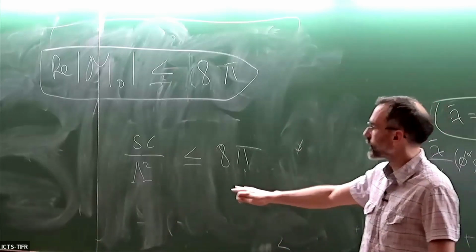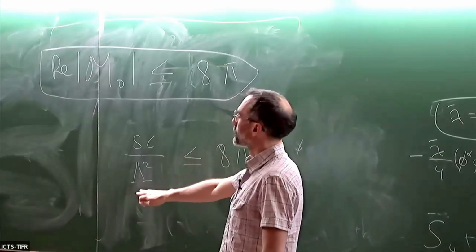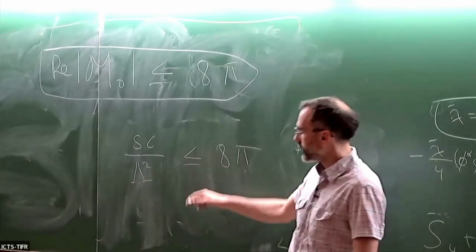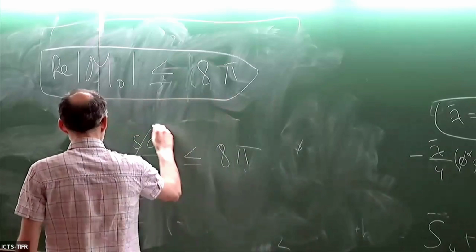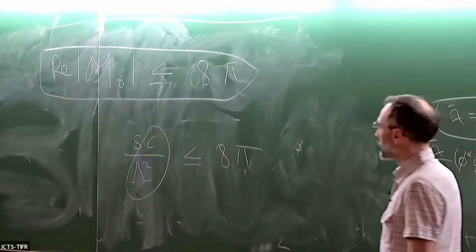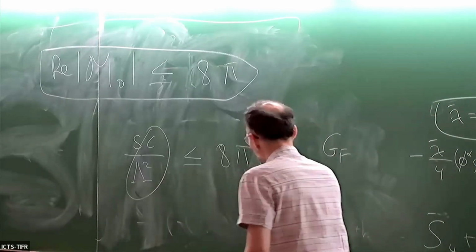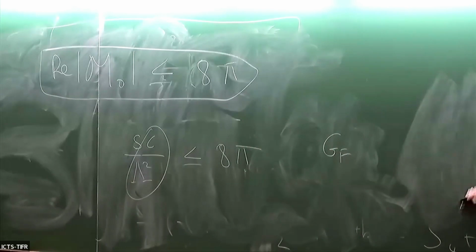Whenever you find an amplitude that depends on center of mass energy like that, and you manage to measure the coefficient in there, it's a number. That is the case, for example, of the Fermi theory, where we measure G Fermi.